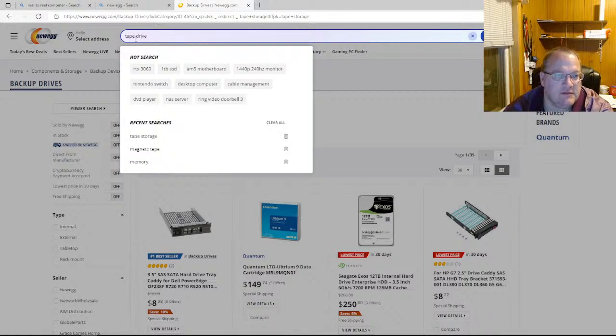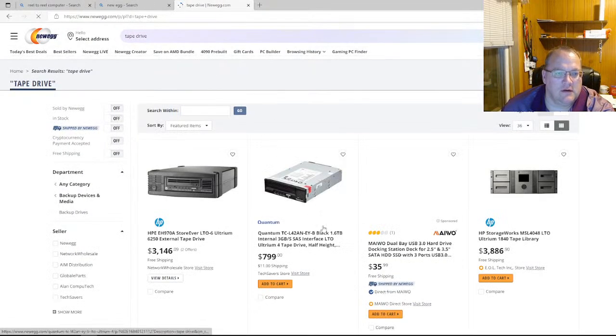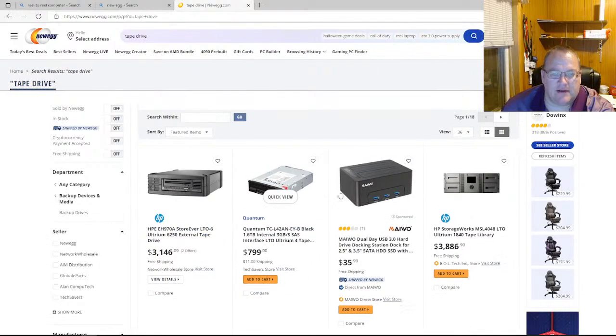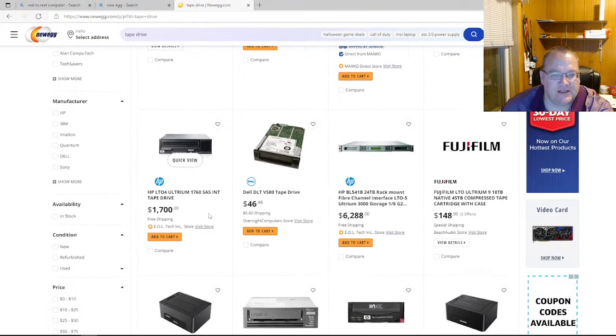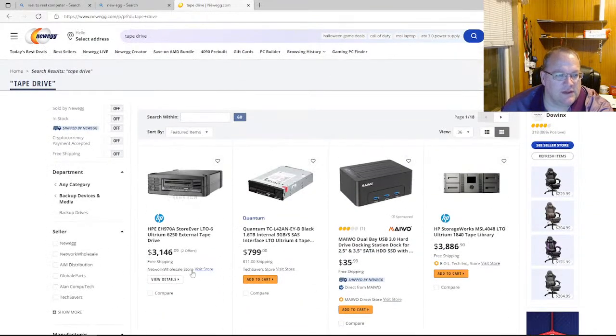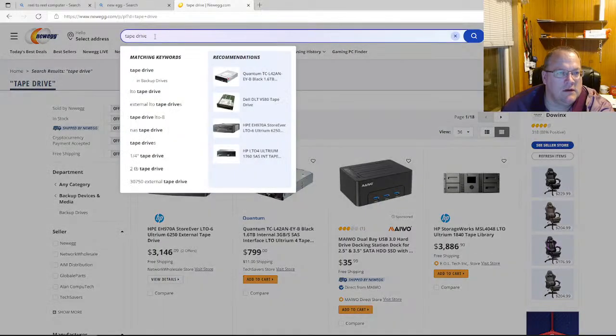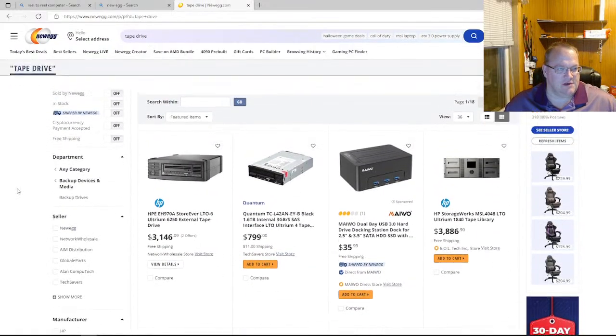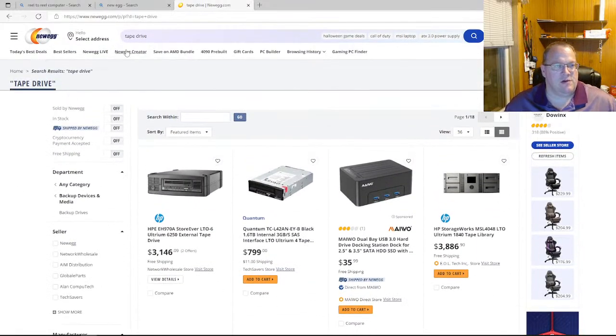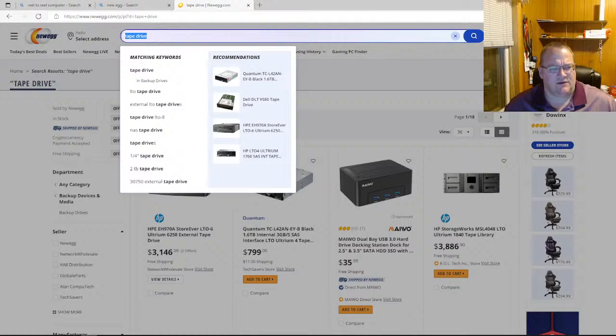Tape drive. Okay, so these are tape drives. I think there's slots in these. Yep, tape drives. Now what? All right. So, well, I found the drives, but I didn't find the tapes themselves. I'm sure it's just a matter of finding the right word.